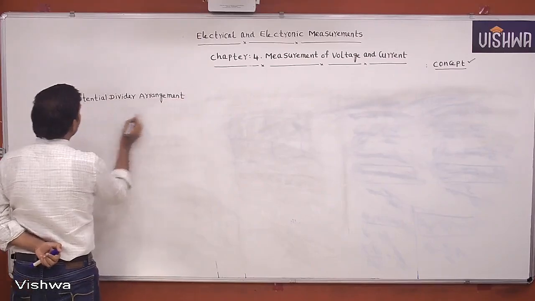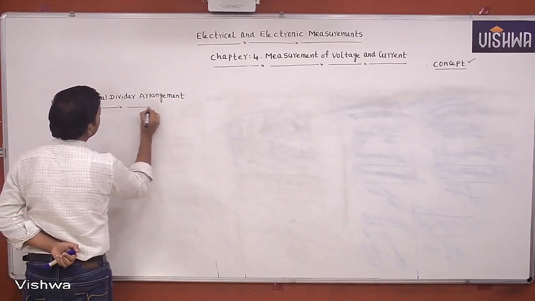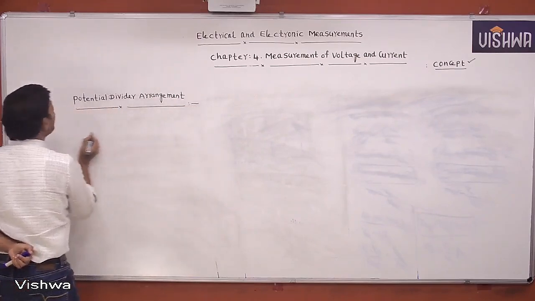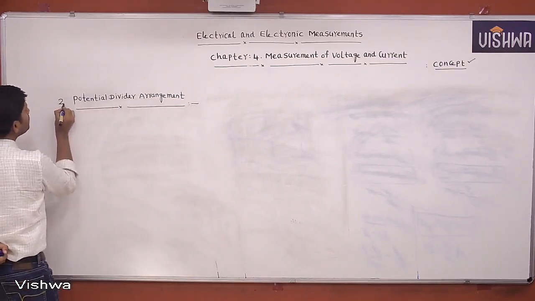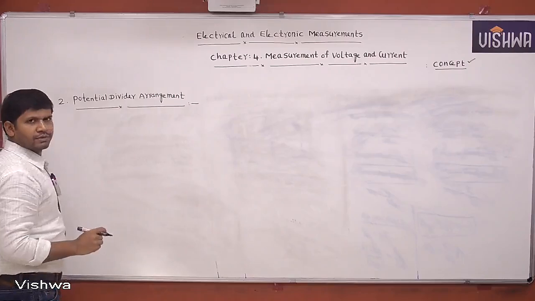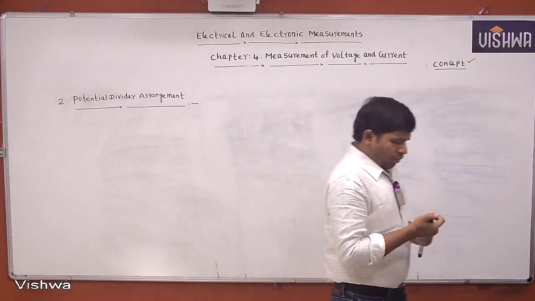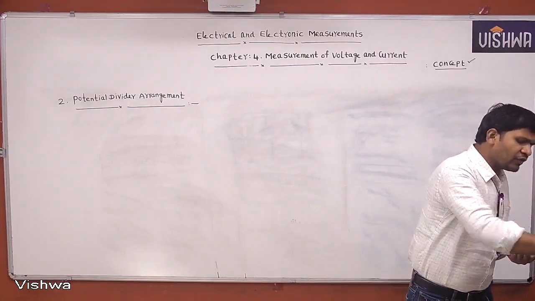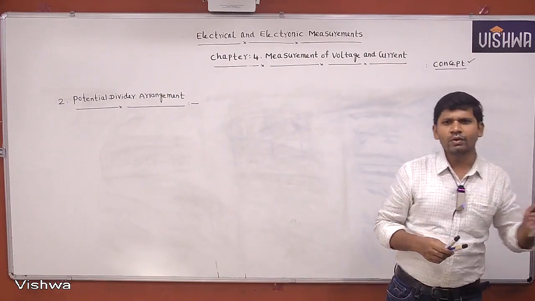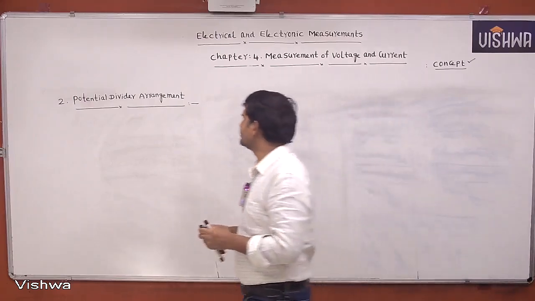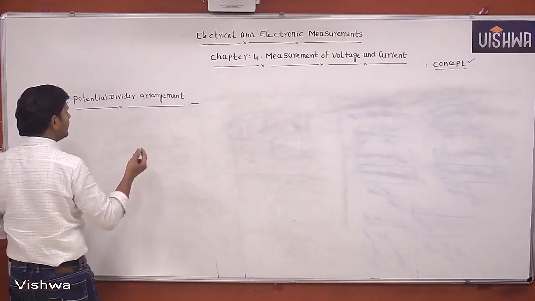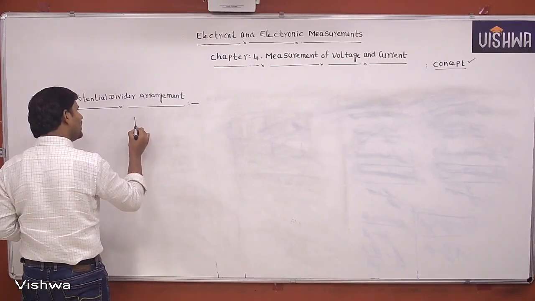How to implement multi-range voltmeters using a potential divider arrangement? Instead of using different values of resistance, we can use one large value of resistance. So this arrangement is nothing but a potential divider arrangement.